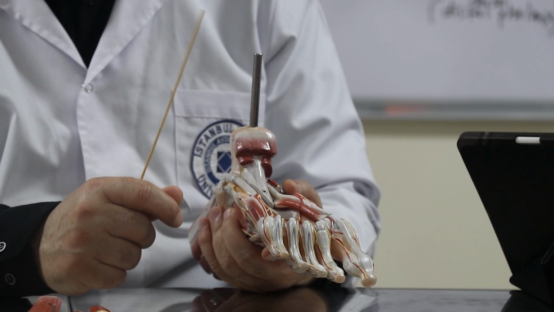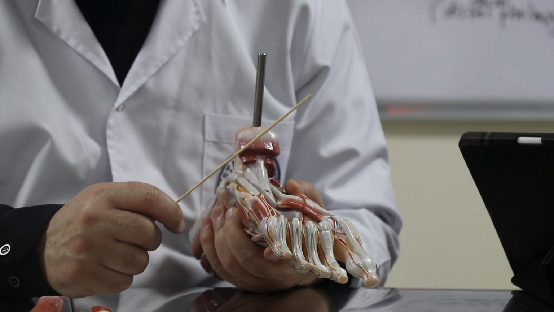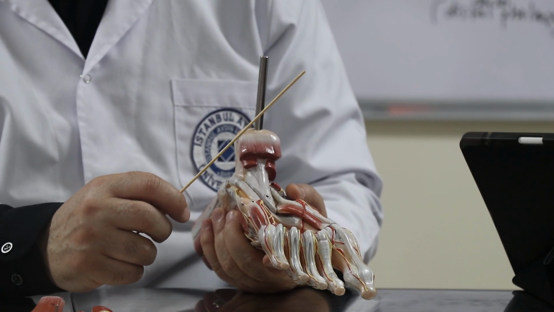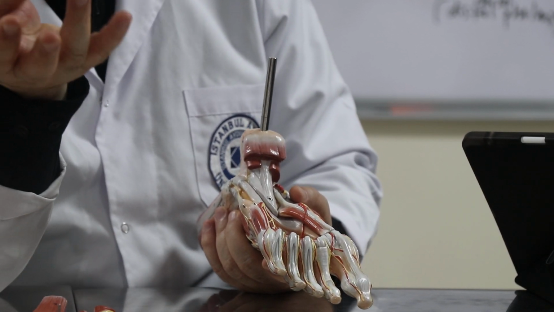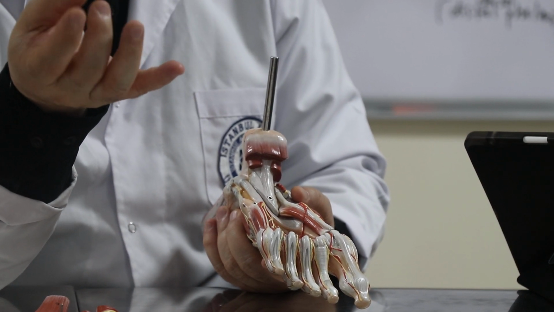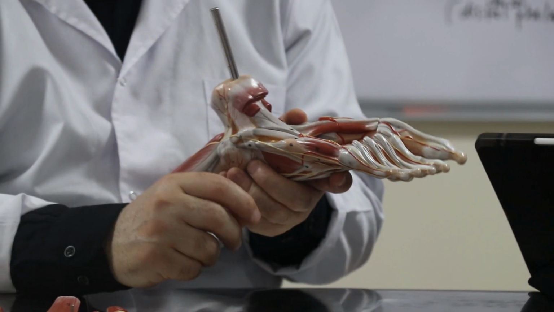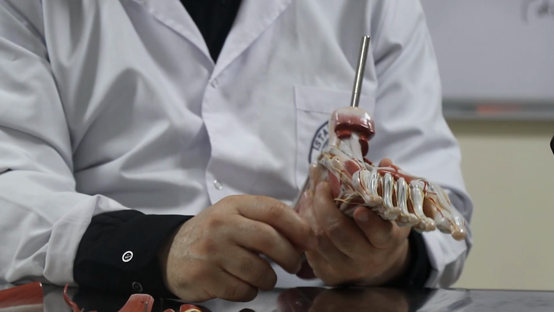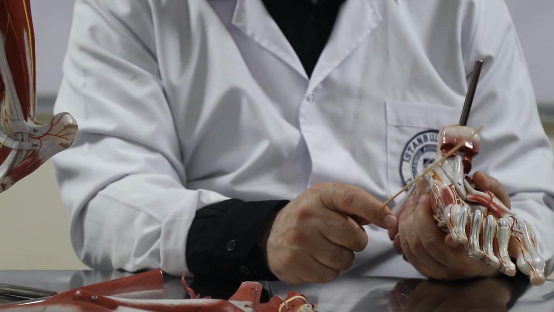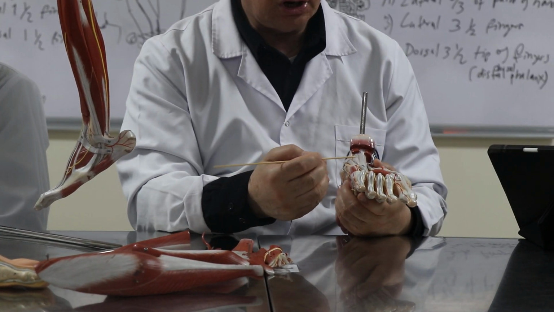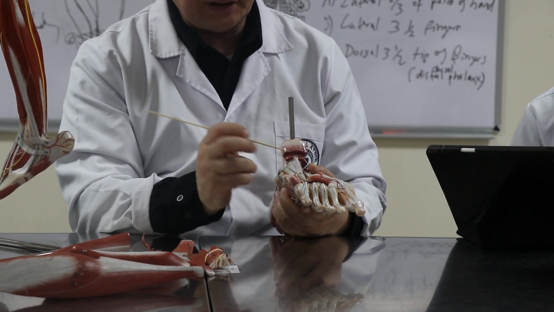So we have opponens digiti minimi, and then we have the opponens pollicis. So those are the muscles that we can oppose our fingers and touch it. Can we do that with our foot? We can't do that. So those are the muscles which are missing in the foot: opponens pollicis and opponens digiti minimi. All right. So these are the adductor, same.